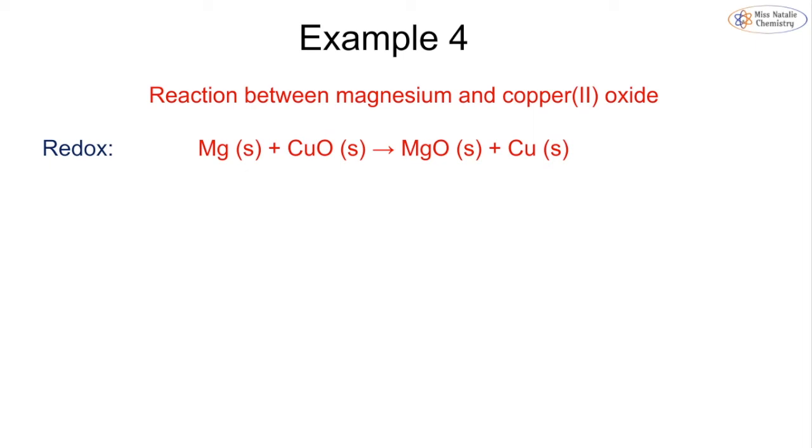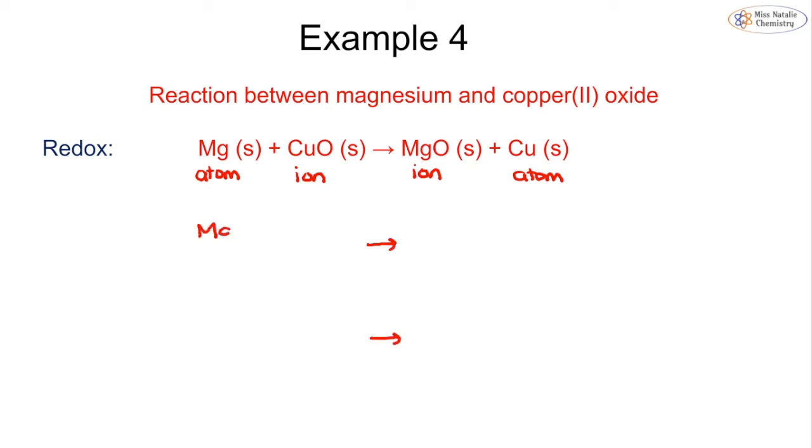So if we've got magnesium going to magnesium oxide, what we need to realize is that this is an atom and this is an ion, whereas for copper, it's going from the ion to the atom. So again, we're going to split it down into our two sections.